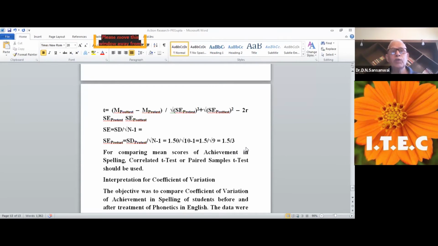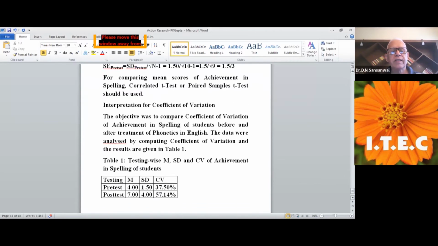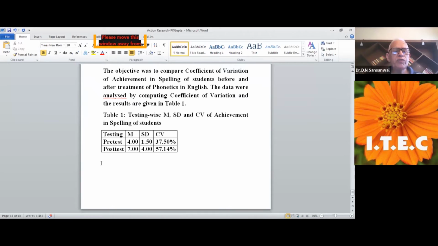So this is how you can calculate it. This is very simple, not very complicated. Now let me give you how we write the interpretation of this.